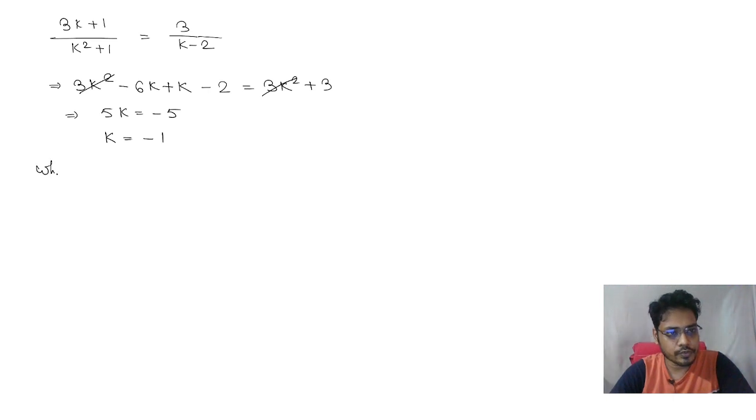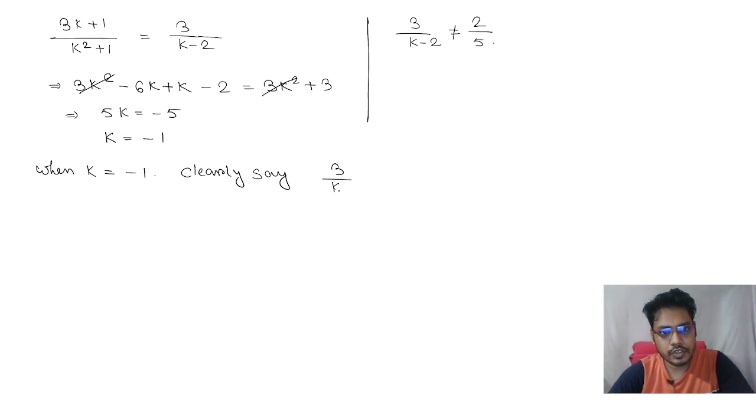Now when k is equal to minus 1, there is another condition, that 3 by k minus 2 is not equal to 2 by 5. You can clearly say that 3 by k minus 2, if k is minus 1, then it is not equal to 2 by 5, because it will be 3 by minus 3 if we put the value.